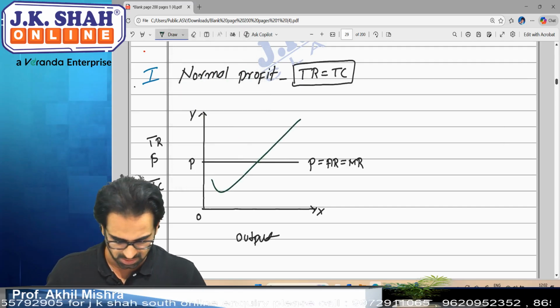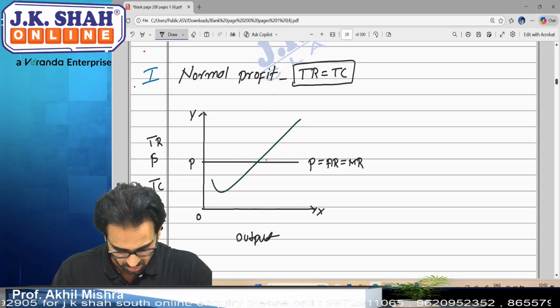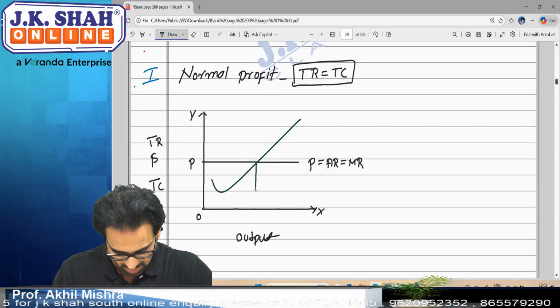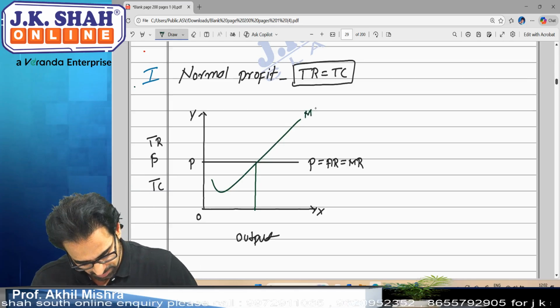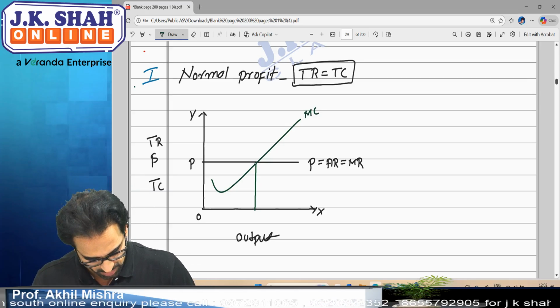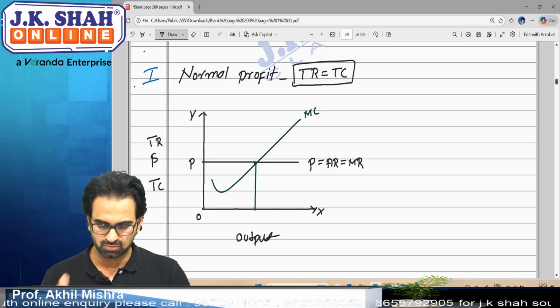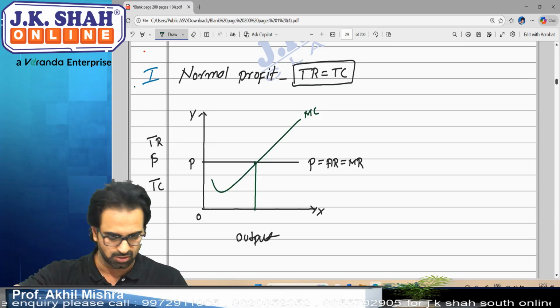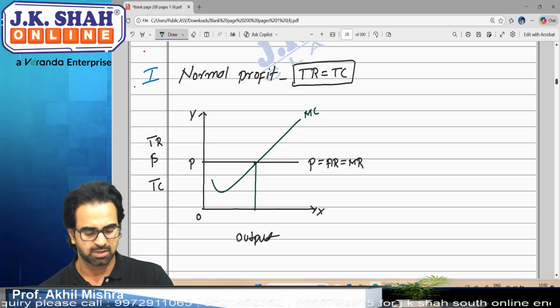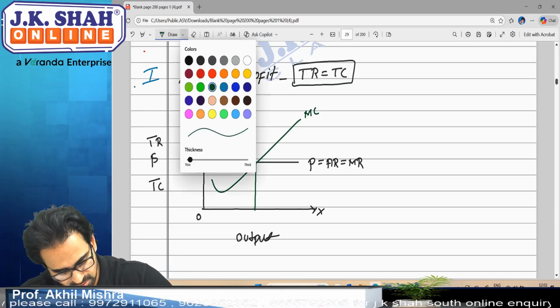This is MC. We always draw MC first because MC and MR both have to be equal for equilibrium. In the last diagram we also saw the necessary condition and sufficient condition. So MC equals MR is for equilibrium. Now we are calculating normal profit.